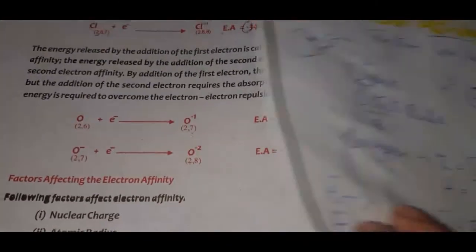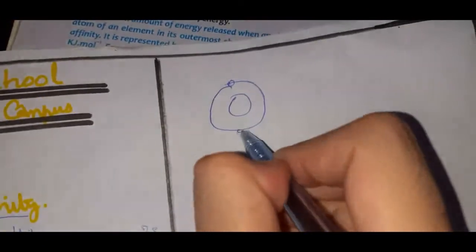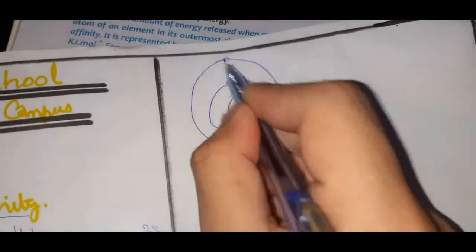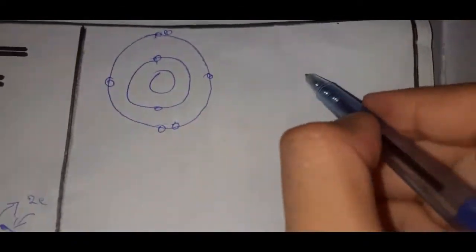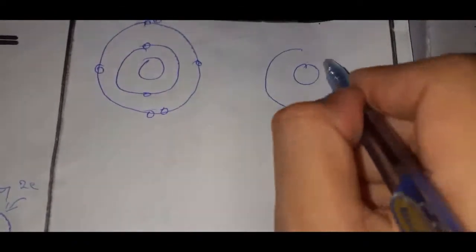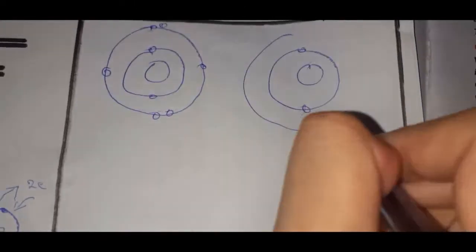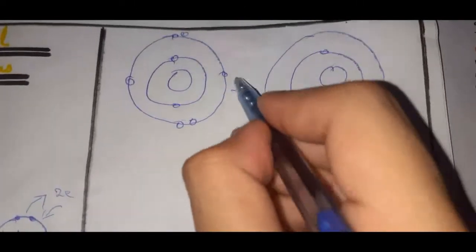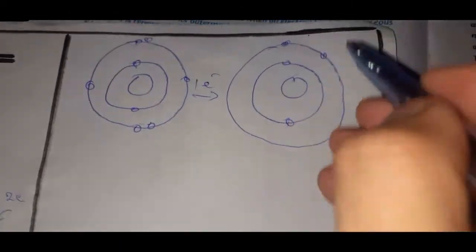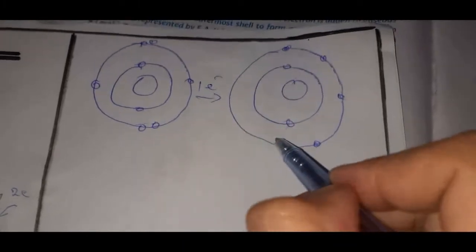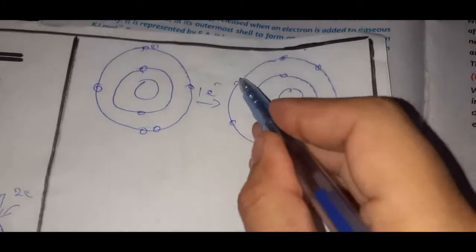But now if you look here, what happened? See, initially the oxygen was in this form. There were 2 electrons, and then 1, 2, 3, 4, 5, 6 electrons, right? But here in this case, there are 1, 2 electrons after gaining one electron, and now 1, 2, 3, 4, 5, 6 and 7 electrons.